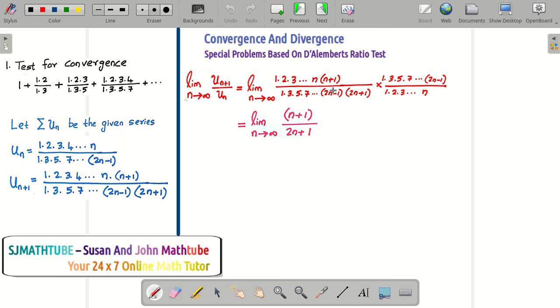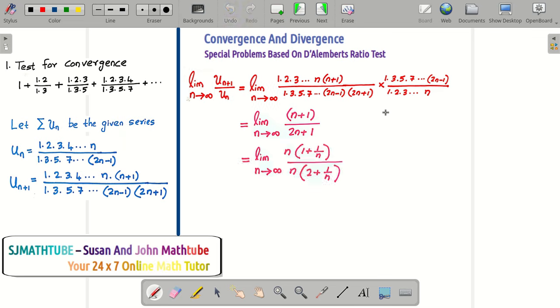and now I'm sure that you're very good in these limits. So take n outside, then you can cancel, and I hope you remember n tends to infinity means 1 by n tends to 0.